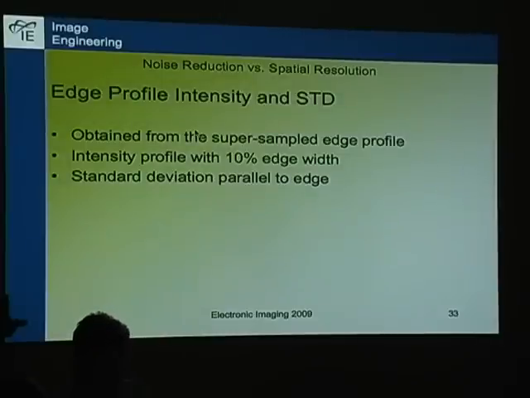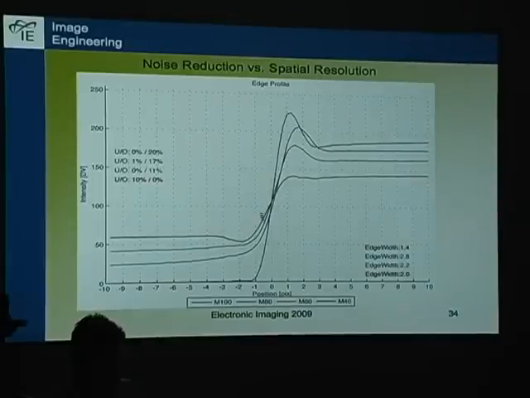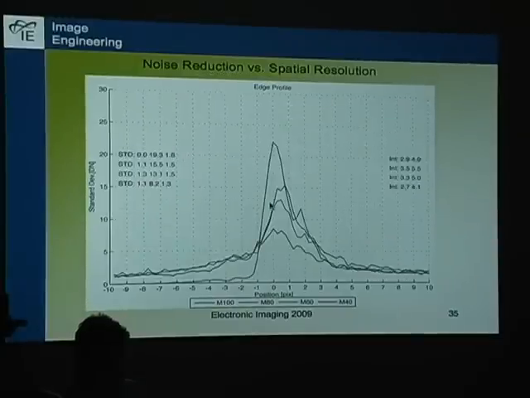Then, of course, we tried to find out about the edge in a little more detail. So we looked at the edge itself and tried to find something about the width of the edge, but that didn't lead to a good result.